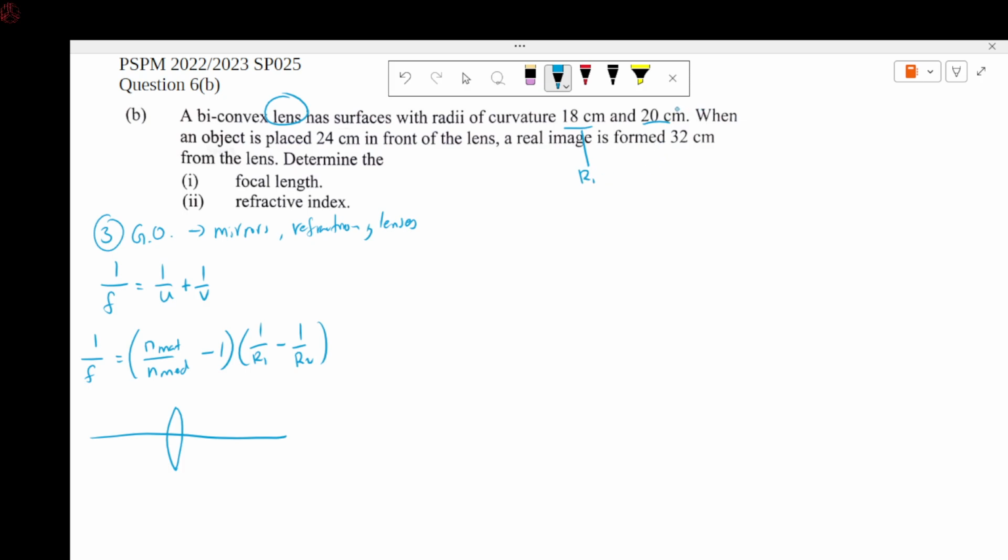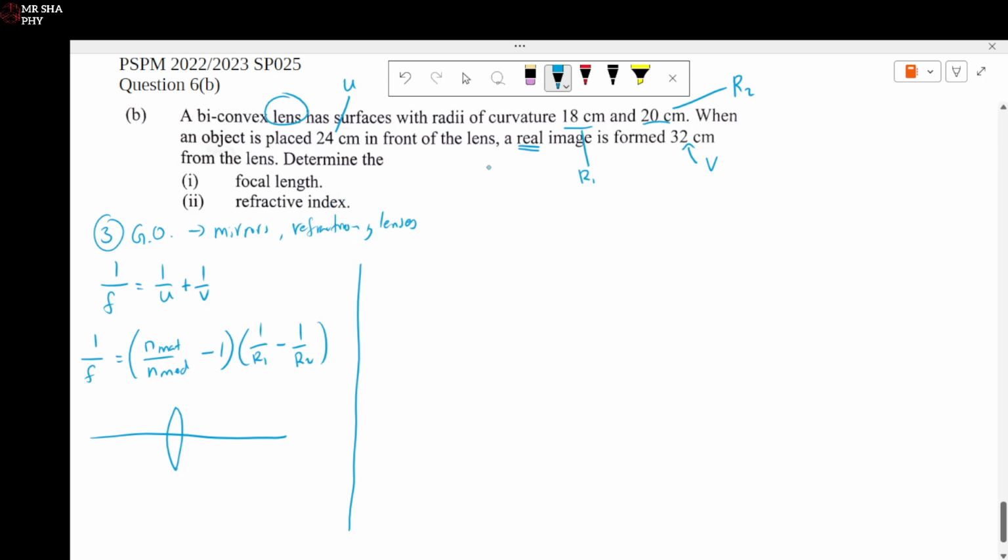You can choose that this is going to be my R1 and this is going to be my R2. When the object is placed 24 centimeters, that's going to be your U. A real image is formed 32 centimeters from the lens. So that's going to be my V. Determine the focal length.